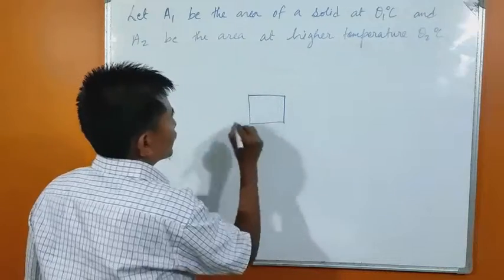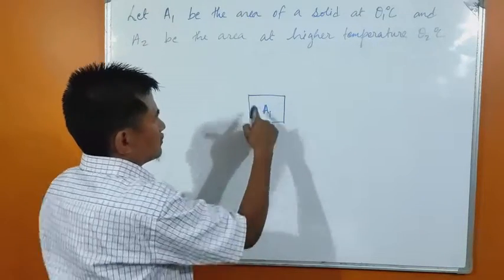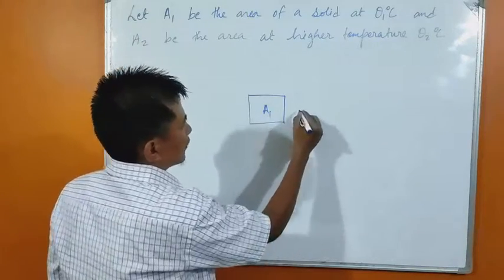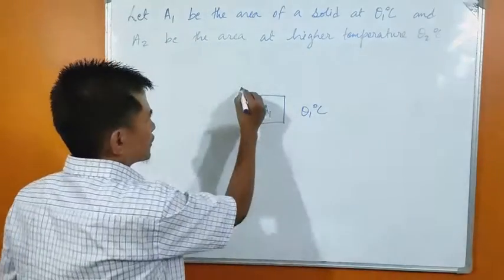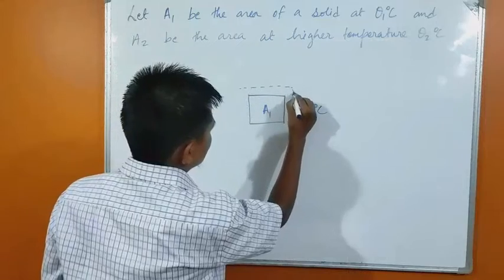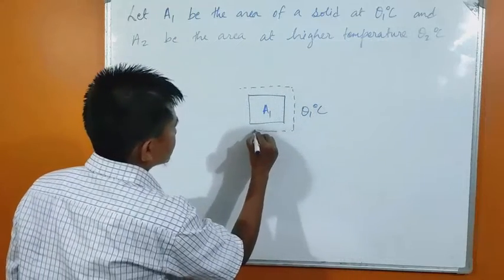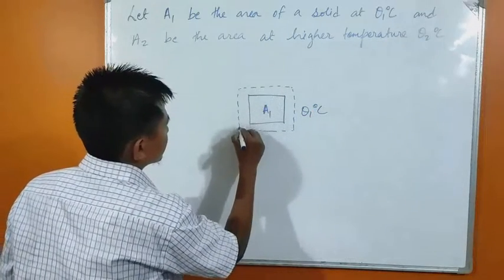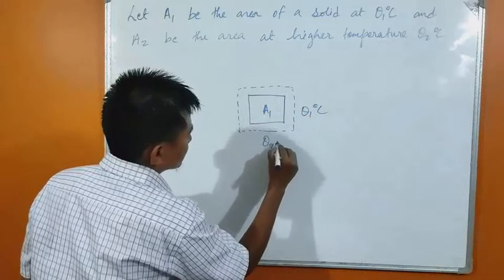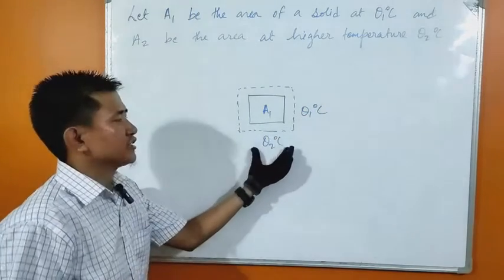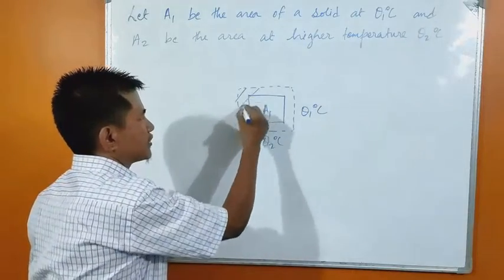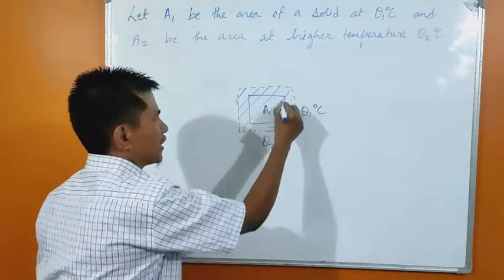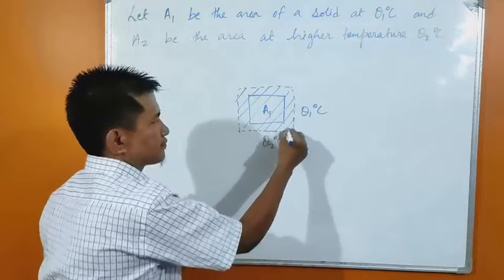Previously the area was A1, this much. When the temperature is increased to theta 2 degrees Celsius, the area also increased. Now the new area is this much.